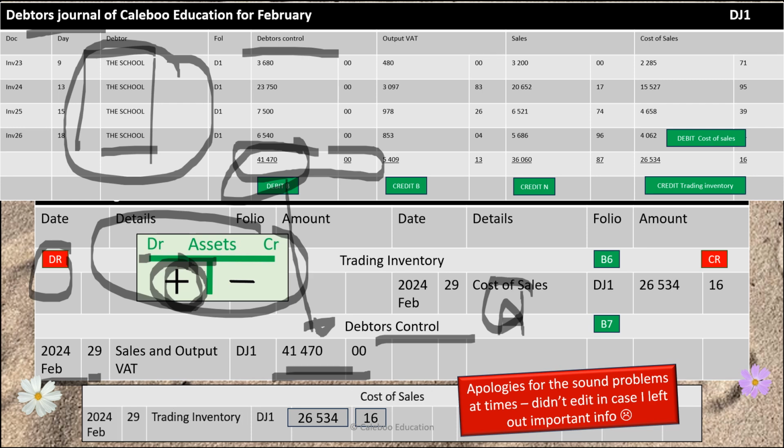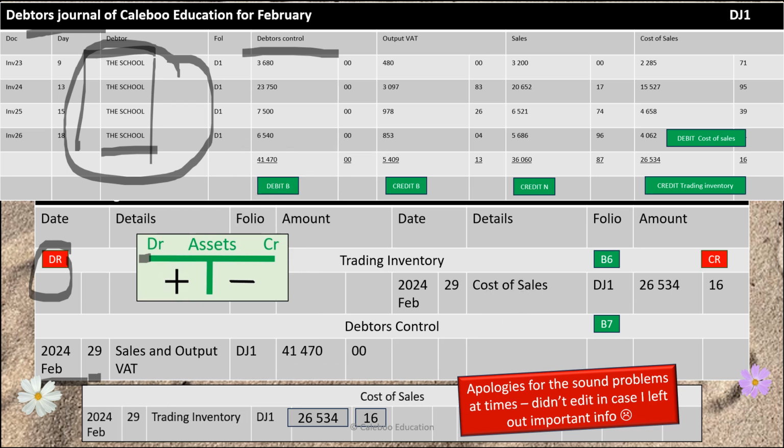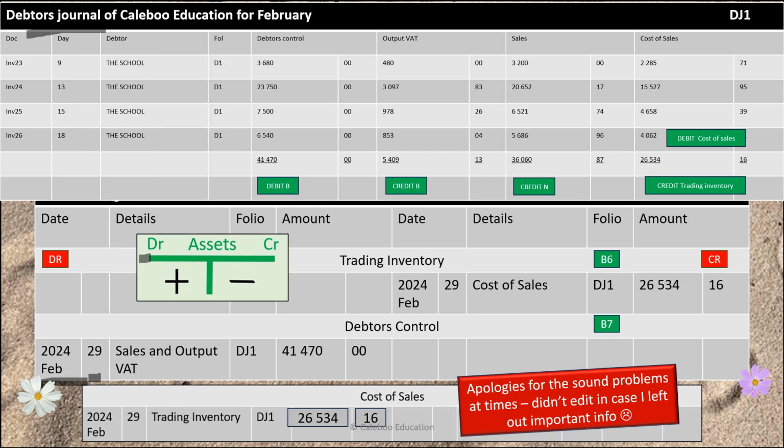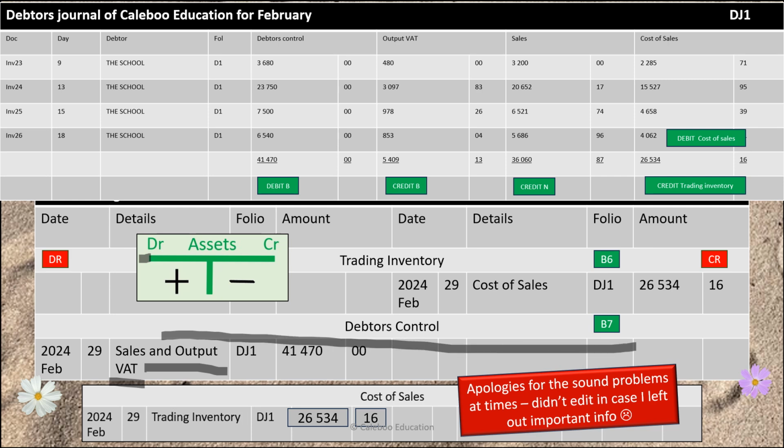Increase in assets. Now I want to point something else out to you. The contra account in this case here, under details, there are two accounts, sales and output VAT. Debtors control, I'm going to make this into a T. Debtors control was debited 41,470.